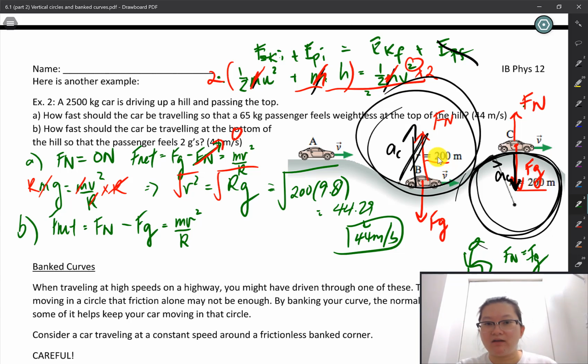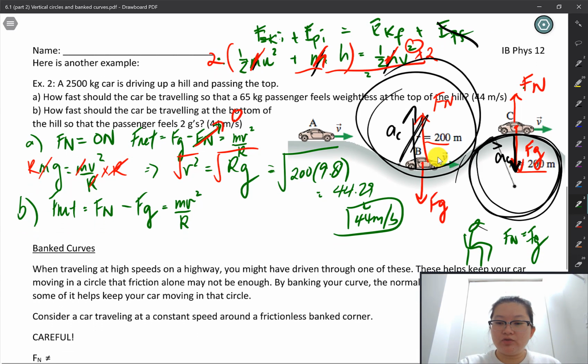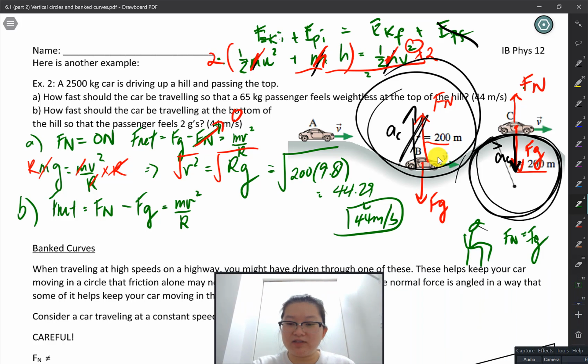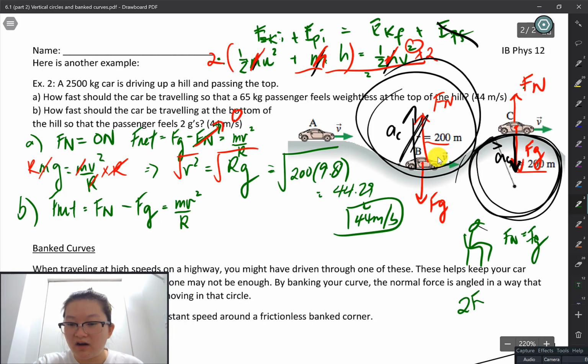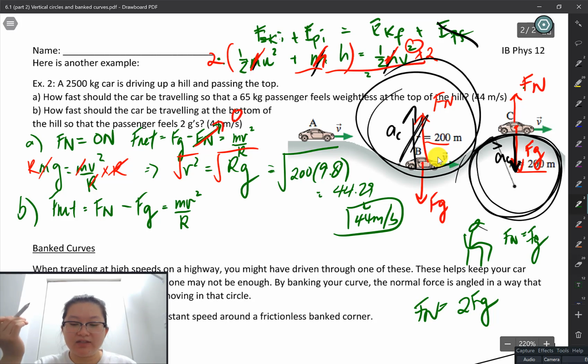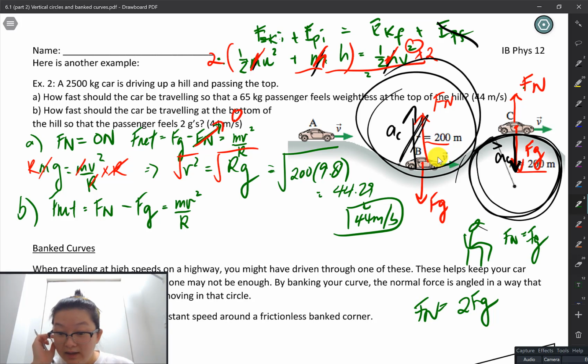Normally our apparent weight is our actual weight, but that can change depending on how fast, which direction, and how we're moving. So if we're feeling 2 Gs, then our normal force that we're feeling right now is going to be equivalent to 2 times our actual weight, so 2 times our Fg. That just means that your normal force at that time is twice your actual weight. You feel double your weight. Okay? 3 Gs will be 3 times your actual weight, 3 times how normally you would feel.